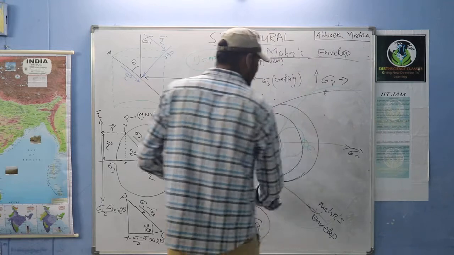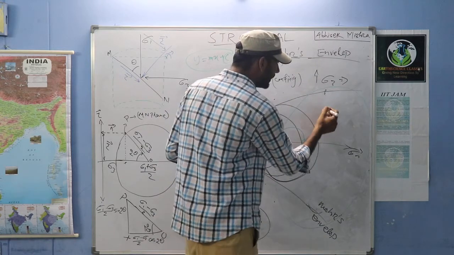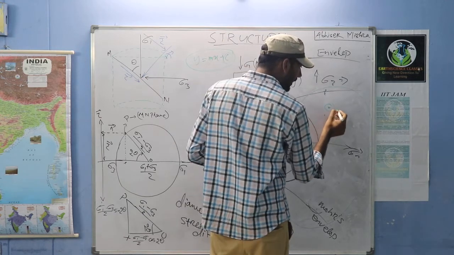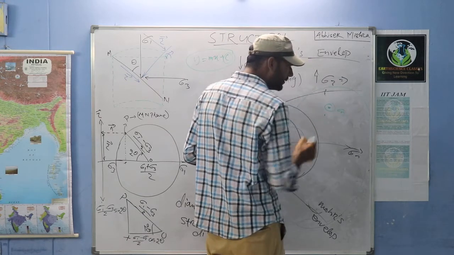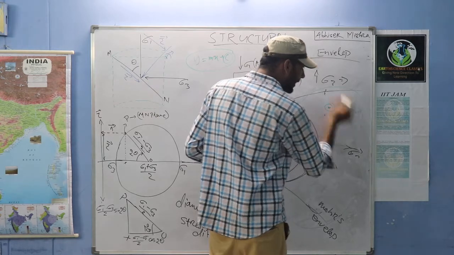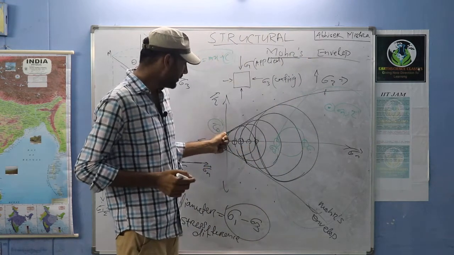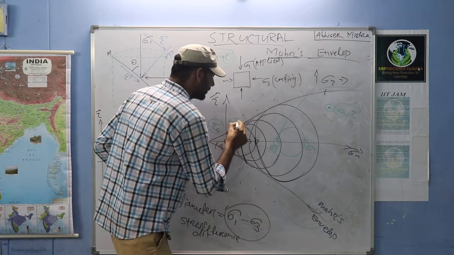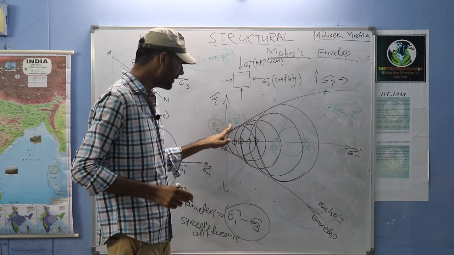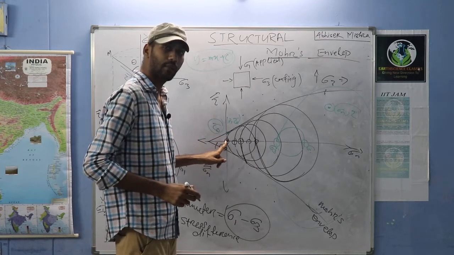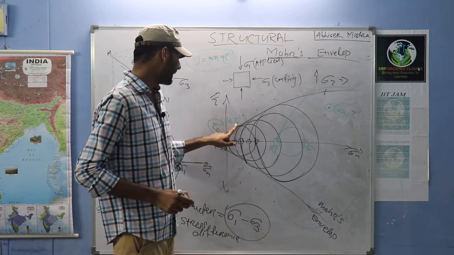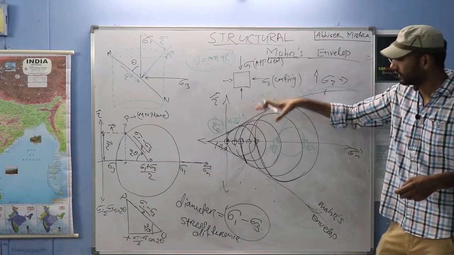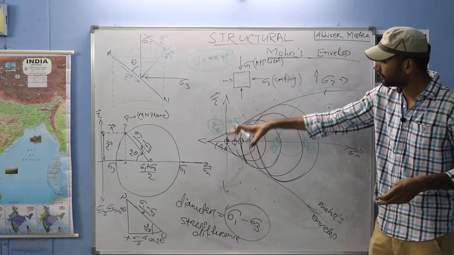What does that mean? You can see on the x-axis that is 0, on the y-axis that is tau naught. Any point in this graph will give you two coordinates. The x coordinate is sigma n, the y coordinate is tau, right? So this point gives you 0, tau naught. That means when normal stress is 0, tau naught is the shear strength. Within this envelope, that is the strength.